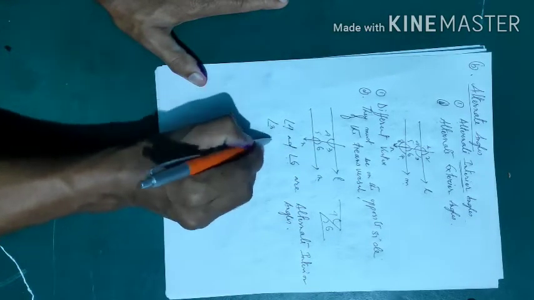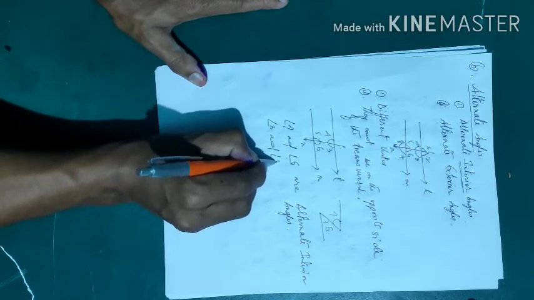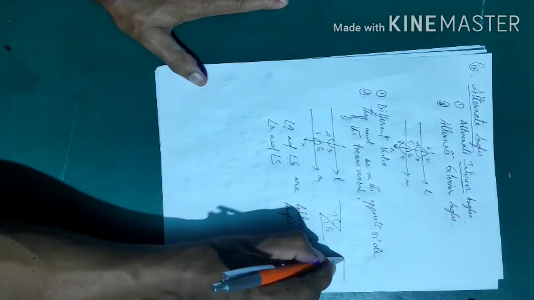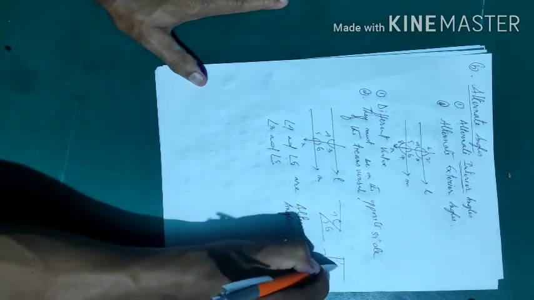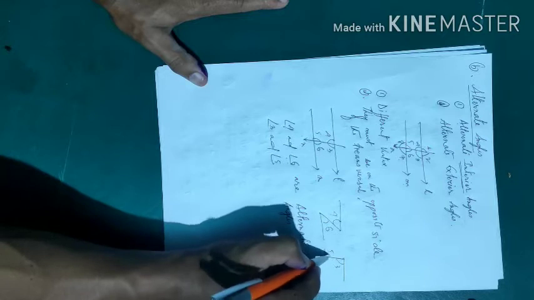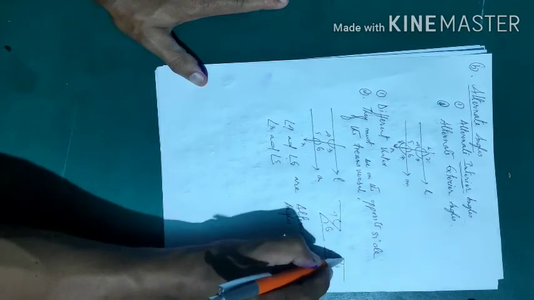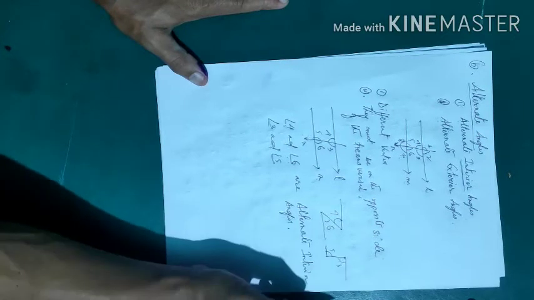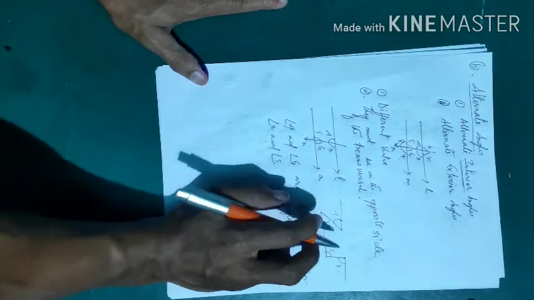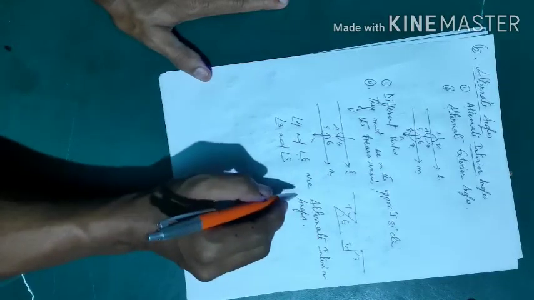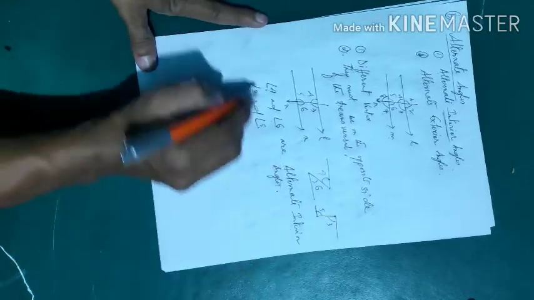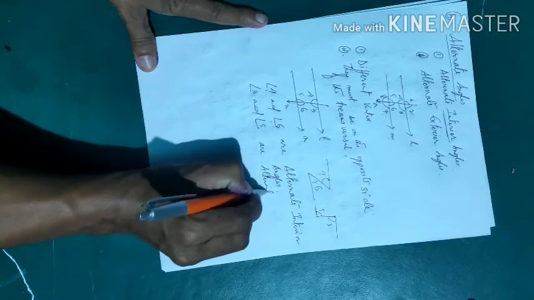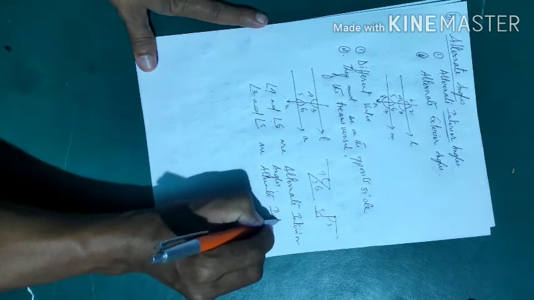Angle 3 is like this and angle 5 is like this. Here you can see 3 has a different vertex, 5 has a different vertex, and they are present on the right side and the left side of the transversal. So they also fulfill the criteria for being alternate angles. So we can say that angle 3 and 5 are also alternate interior angles.